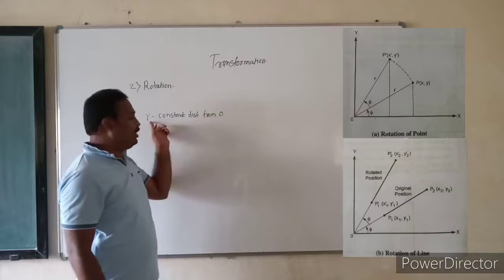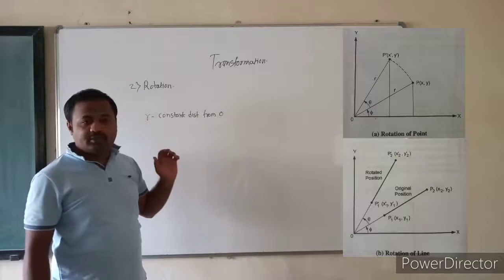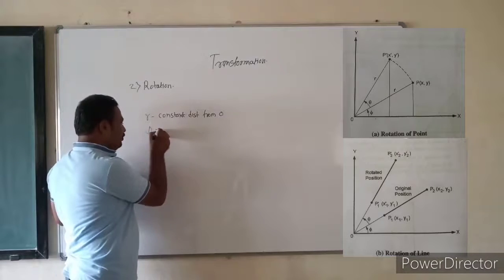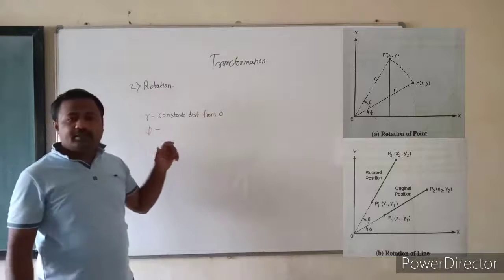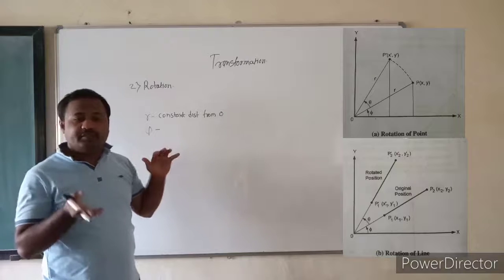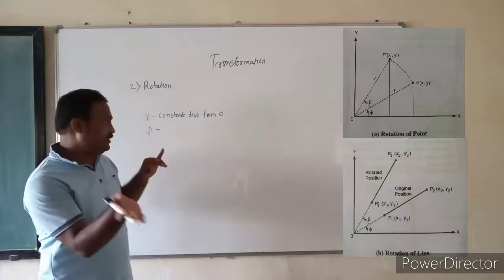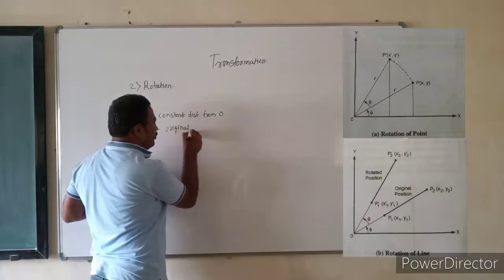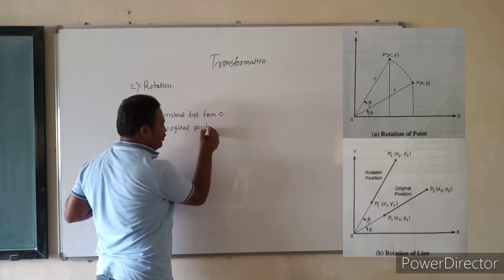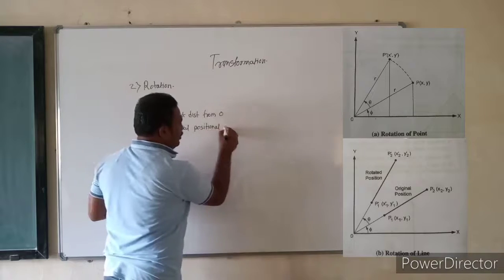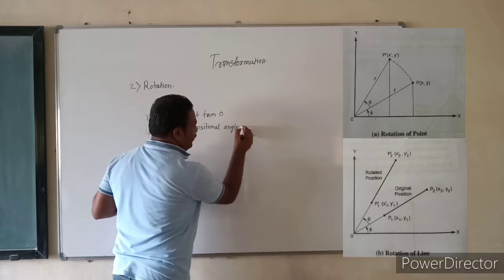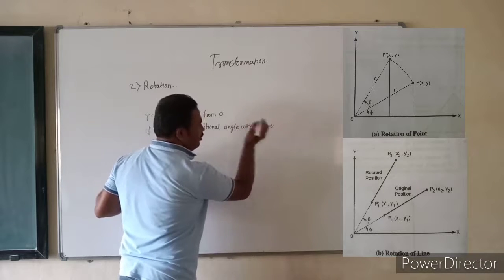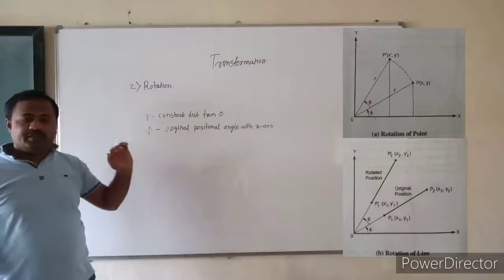Phi is the original positional angle with the x axis, meaning horizontal.